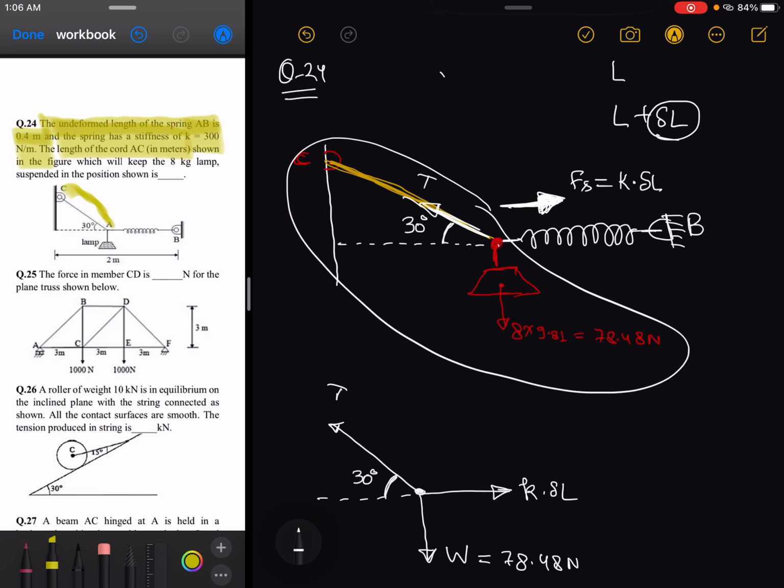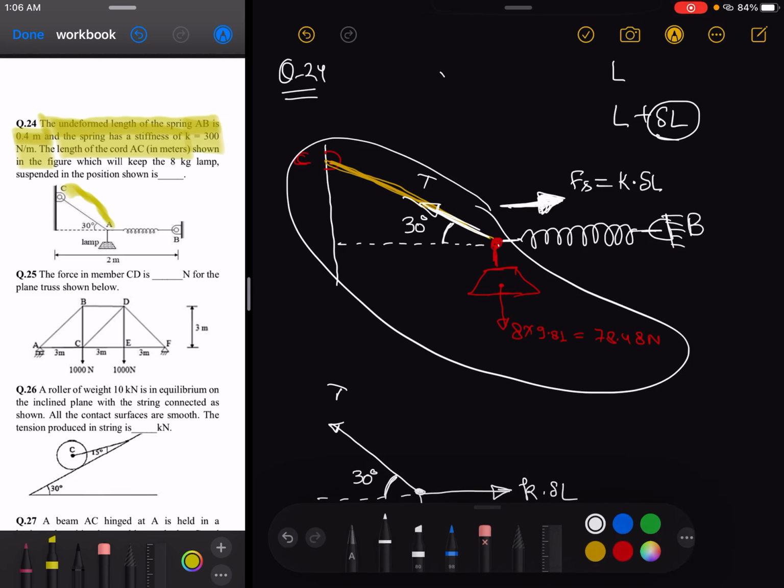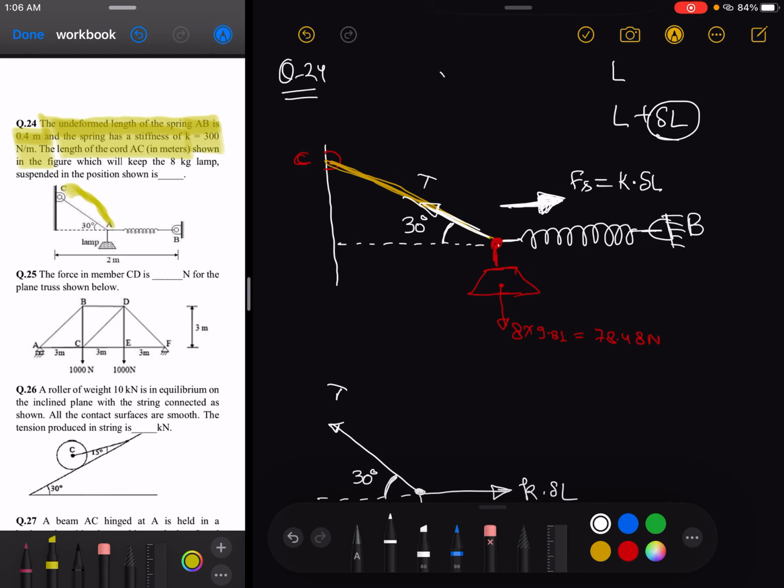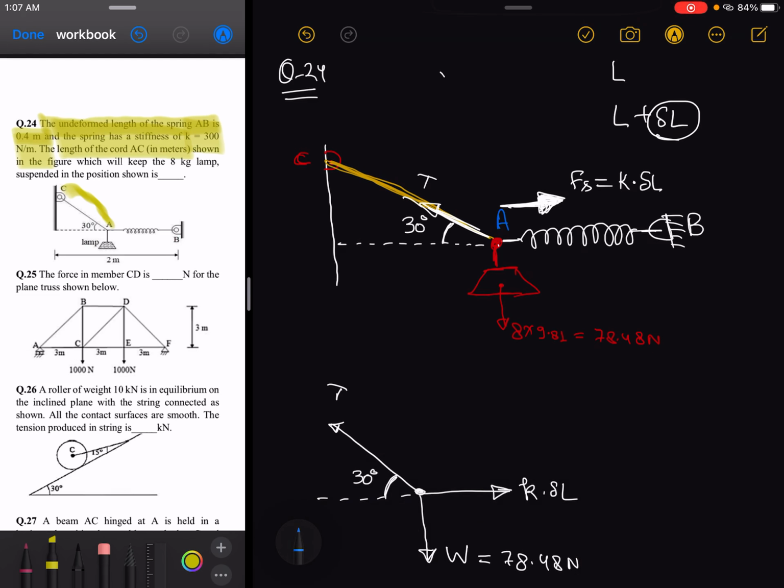Okay, so in the question he is asking the length of this string. Which length? This length. AC length is asked in the question.